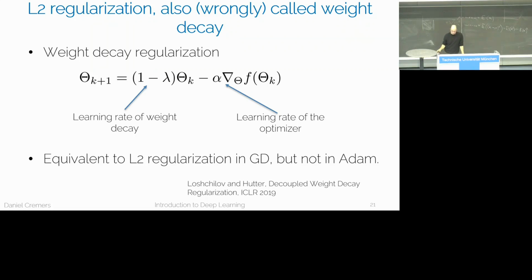But it turns out it's not equivalent if you use an Adam optimizer or stochastic gradient descent with momentum, etc. Then things look slightly different, because then you're actually aggregating this exponentially. You have an exponentially decaying aggregation of this weight decay. And so there is a slight difference, and both of these strategies can be useful for regularizing things. And this strategy of weight decay regularization was advocated in this 2019 paper.